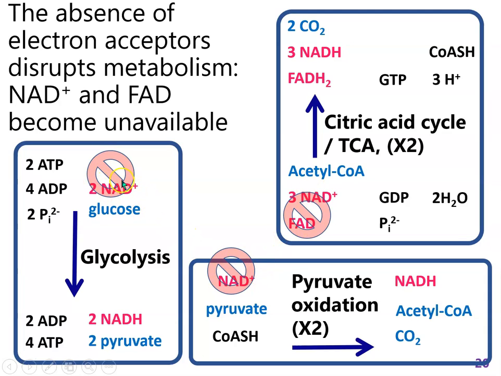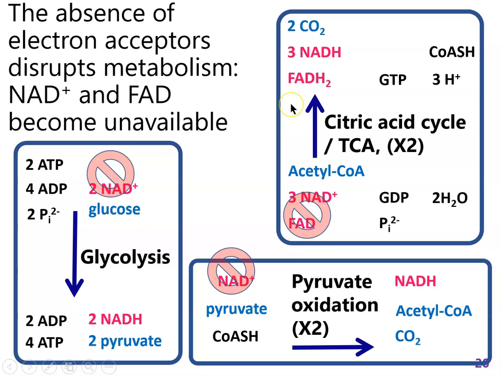And that means glycolysis stops, because it can't go forward unless it can oxidize this glucose and put the electrons here. Pyruvate oxidation can't happen unless there's NAD+ to take the electrons from pyruvate, and the citric acid cycle can't happen unless there are electron carriers to take the electrons from acetyl-CoA.